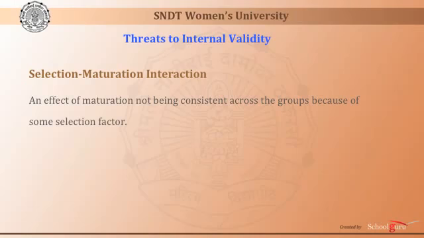Selection-maturation interaction. Now we are talking about two variables affecting each other. Maturation not being consistent across the groups because of some selection factor. If you have selected them on their achievement score or the variable which you want to test, say you selected them on attitude about film, but their age you have not seen, their scholastic achievement, you selected them on one particular variable, whereas maturation because of age may be different.